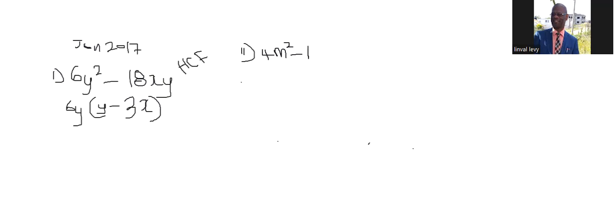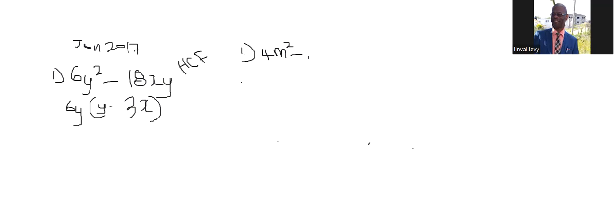So remember now we can write 4m squared as 2m times 2m, right? And 1 squared is 1 times 1. And remember we said the general form in which we factorize a difference of squares is a plus b into a minus b, right?